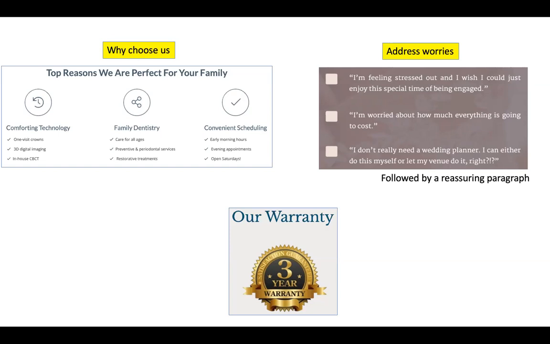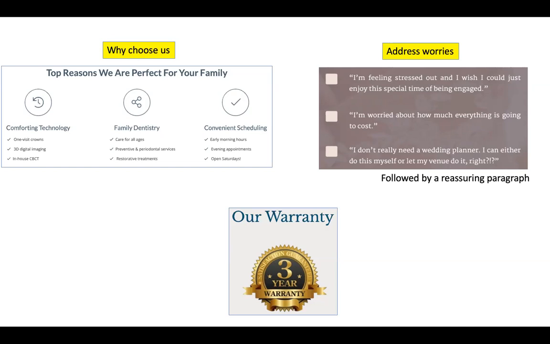And so rather than depend on just sort of a dry FAQ page, they have hit it straight on their homepage with addressing their worries and having a lot of reassurance there. Things like warranties or experience and other things actually answer both of these questions. Why choose us? Well, because they offer a warranty. Do I have to worry? Nope, they've got a warranty, I'm covered. So there are some things like that which actually answer several of the questions without requiring a lot of verbiage.